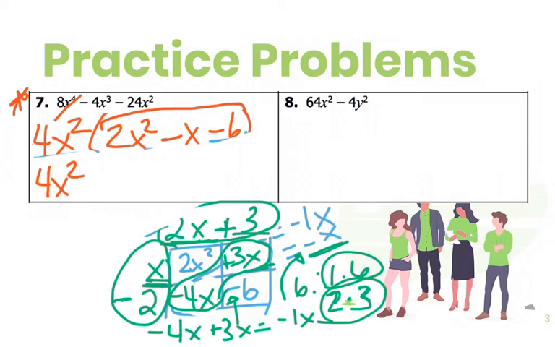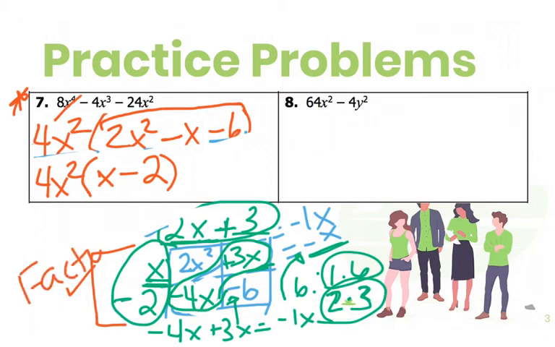I just proved it with my area method. So I can have one factor is x minus 2, right? I got that from right here. That's one factor. So x minus 2 times, what do you think the other factor is before I write it in? Okay, so 2x plus 3.